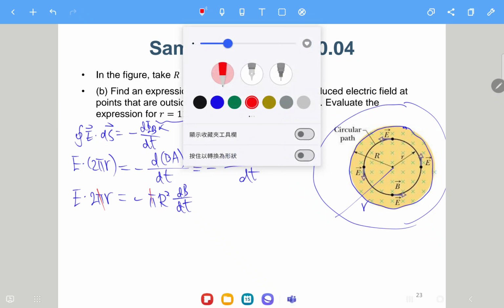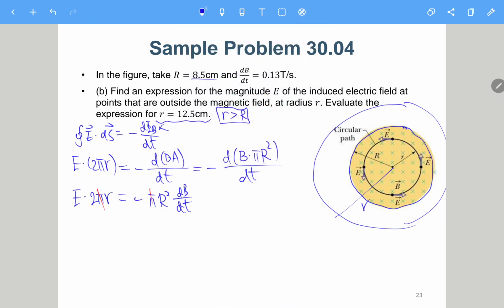R cannot be cancelled because one is small and one is capital. So E should be negative R² over 2r times dB/dt. This is the expression when r is larger than or equal to capital R.